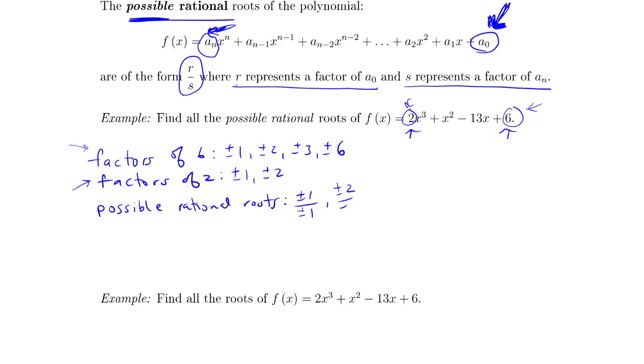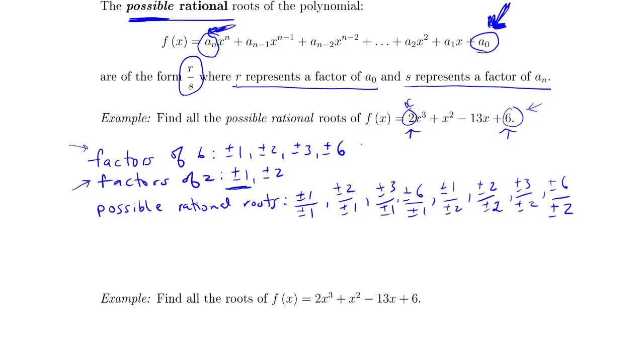Plus or minus 2 over plus or minus 1, plus or minus 3 over plus or minus 1, plus or minus 6 over plus or minus 1. That was taking each one of these and putting it over plus or minus 1. And now I have to do the same thing over plus or minus 2. So plus or minus 1 over plus or minus 2, plus or minus 2 over plus or minus 2, plus or minus 3 over plus or minus 2, and plus or minus 6 over plus or minus 2. That's all the possible rational roots.